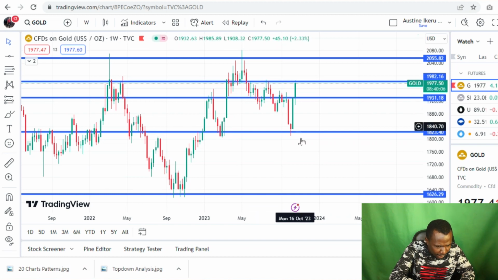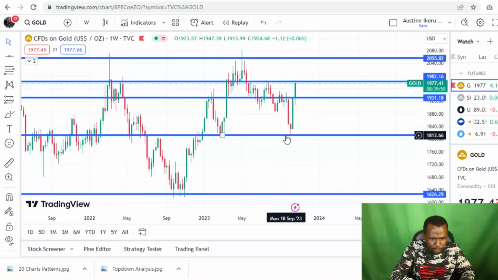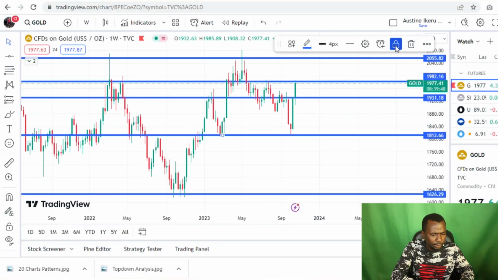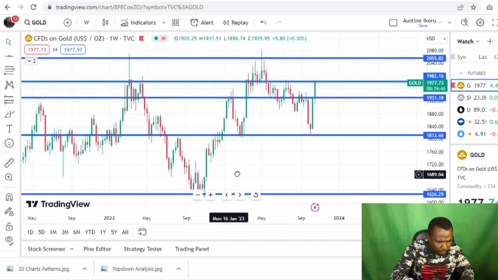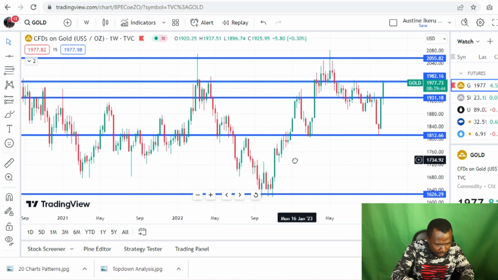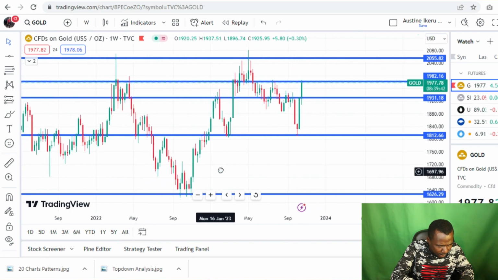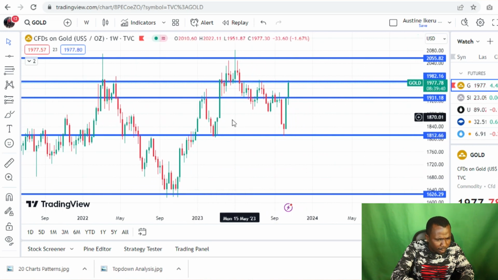Let's see whether we can get another key level. All right, and then we lock it up. Okay, I think we have gotten what I'm looking for. Is there any other one we're going to look at? Okay, I think we have gotten it. The first one, second one, third one, fourth one, right?